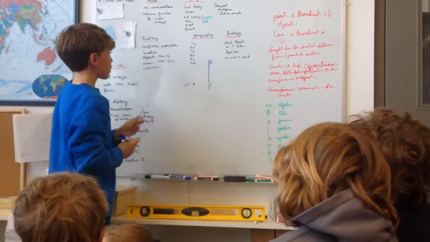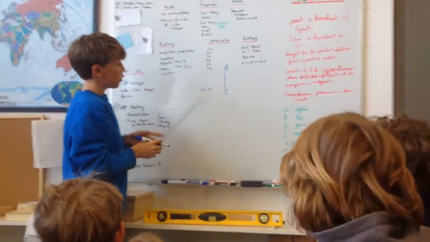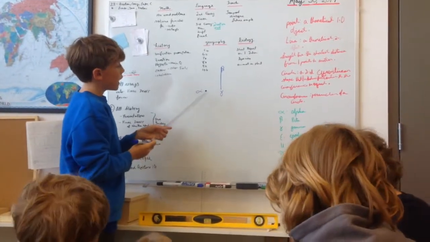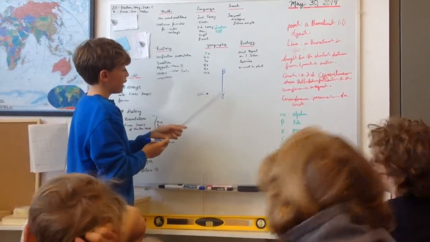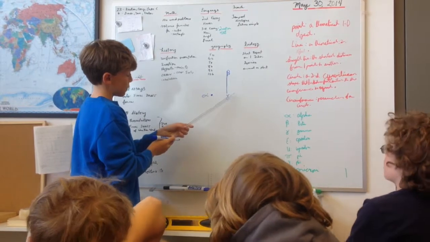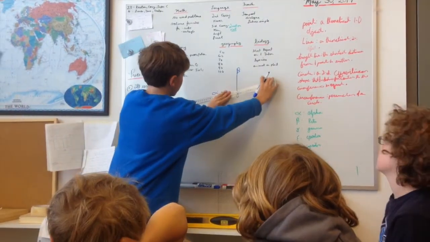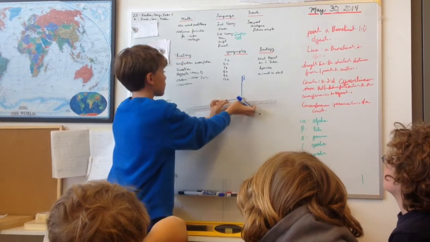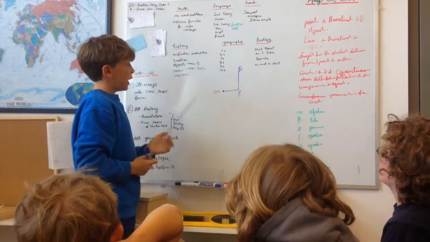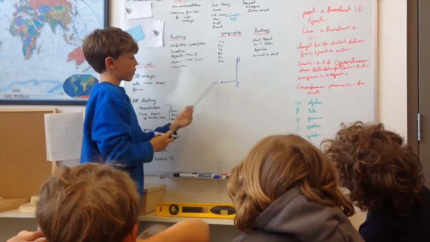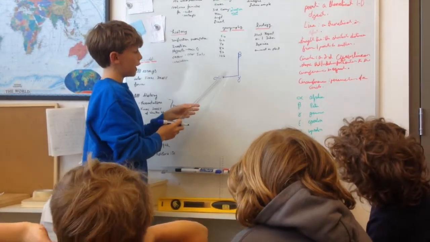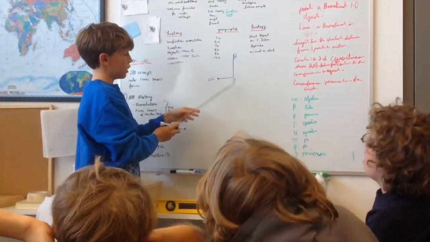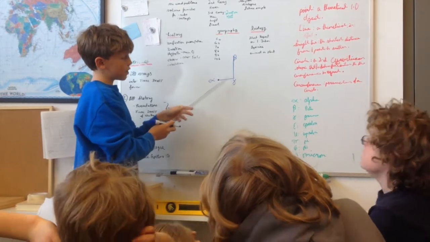Given these points, you can construct a line between alpha and gamma.